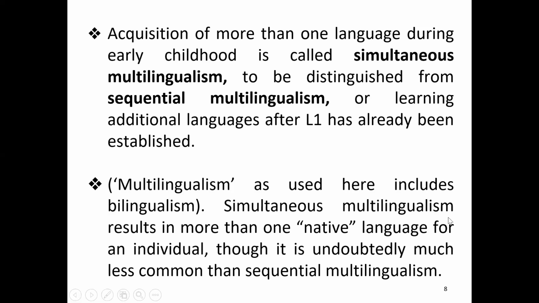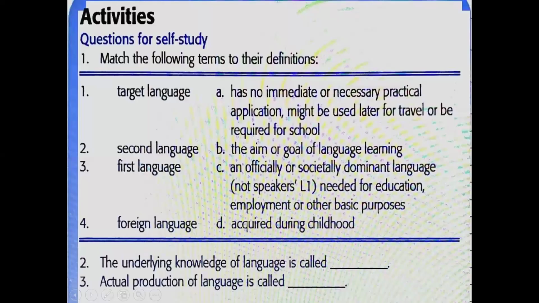Simultaneous multilingualism results in more than one native language for an individual, though it is undoubtedly much less common than sequential multilingualism. Okay. This is also one of the exercises for us as well. I just want you to have a quick look at this one. You can just do it on your own, okay?